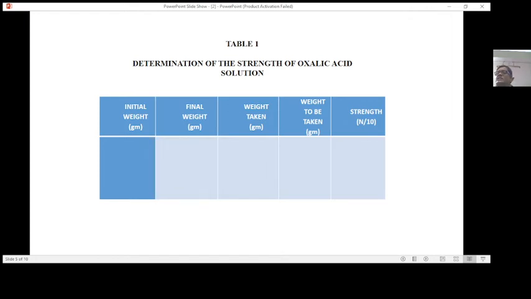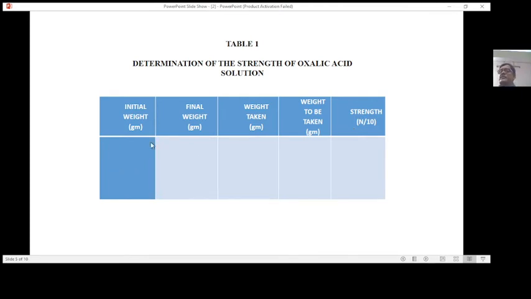As you know, oxalic acid is a primary standard. It doesn't change its concentration easily. That is why you have to prepare the N/10 solution of oxalic acid.